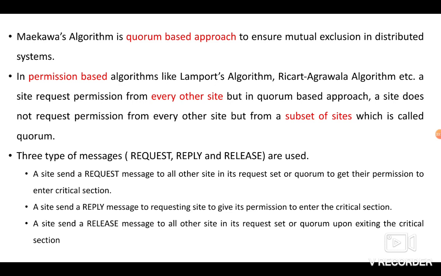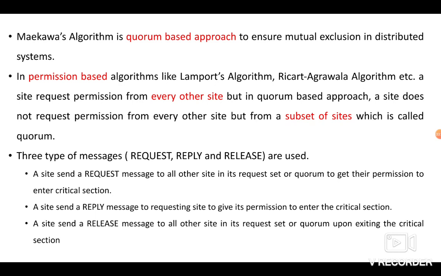Here also, to implement the algorithm, we need three messages: request, reply and release. If a site wants to enter the critical section, it has to send a request message to all the other sites in its request set. What is the other name for the request set? It is the quorum. A site sends a reply message to the requesting site to give its permission to enter the critical section.